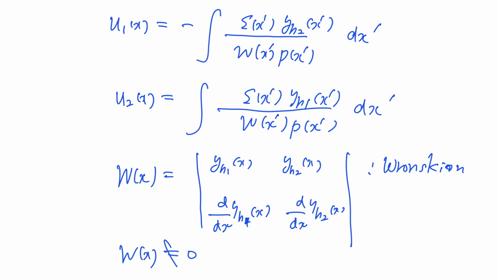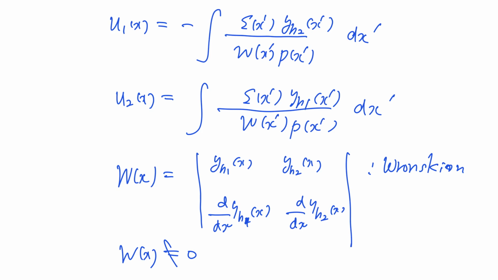That means if the Wronskian is 0, then this approach fails. Then you cannot find a solution in this method. But the case we are considering is mostly not.